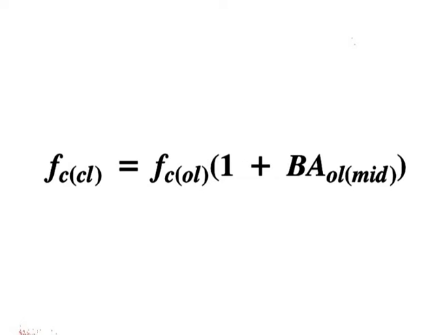This expression shows that the closed loop critical frequency is higher than the open loop critical frequency by the factor 1 plus B AOL mid. Since FCCL equals the bandwidth for the closed loop amplifier, the closed loop bandwidth is also increased by the same factor.